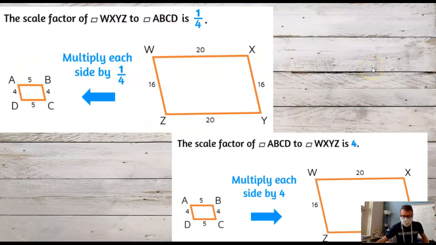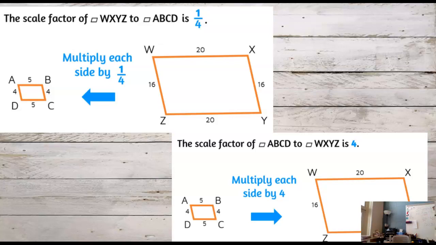So here's another example, but this one's not on your paper. What we want to talk about is when we go forwards and backwards with the same shapes. Can anyone tell me what you notice about these two scale factors? When we go from big to small, my scale factor was 1/4.